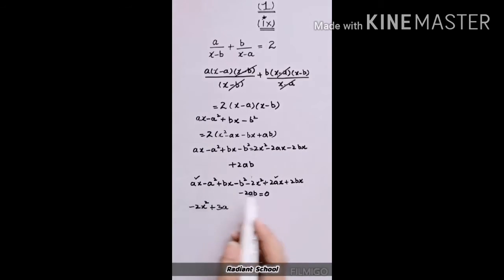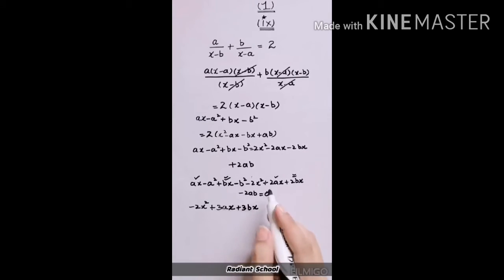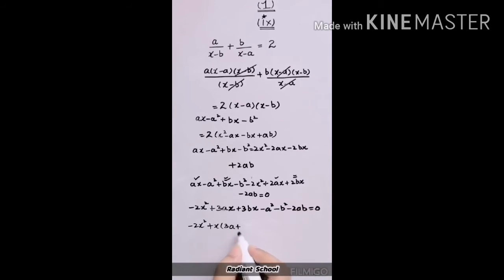Now ax plus 2ax is 3ax, bx and 2bx is plus 3bx, and I will write all the constants in which no x is there. A square minus b square minus 2ab is equal to 0. A plus 3b, I have taken x common, minus a square minus b square minus 2ab is equal to 0.